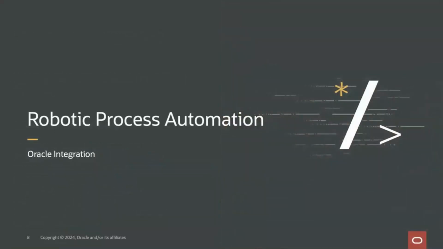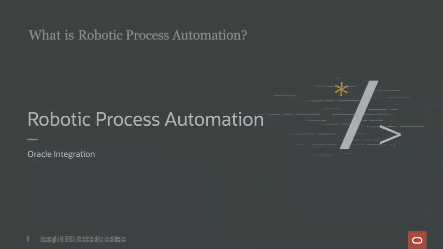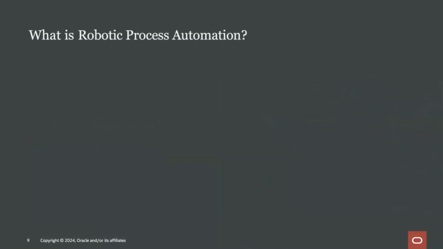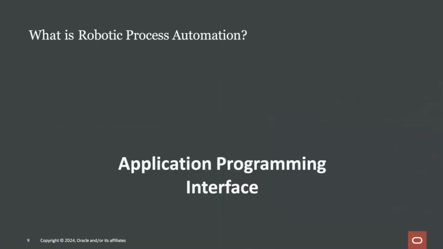Okay, let's get to the main topic for today, which is robotic process automation. And what is robotic process automation? Before we get into that, I wanted to spend a minute explaining what an API is. API, application programming interface, at a very high level, is a set of rules for communicating between applications.